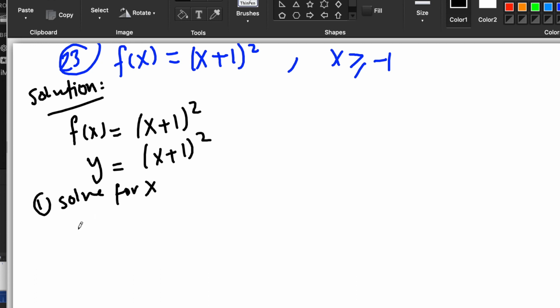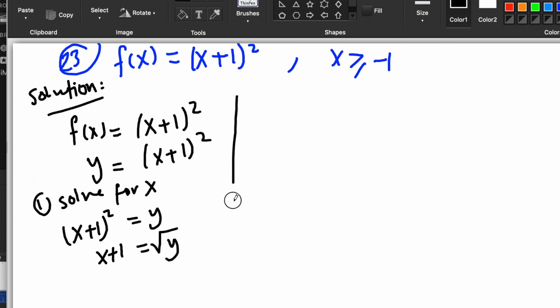So x plus 1 squared equals y. x plus 1 equals square root of y. And then x equals square root of y minus 1.